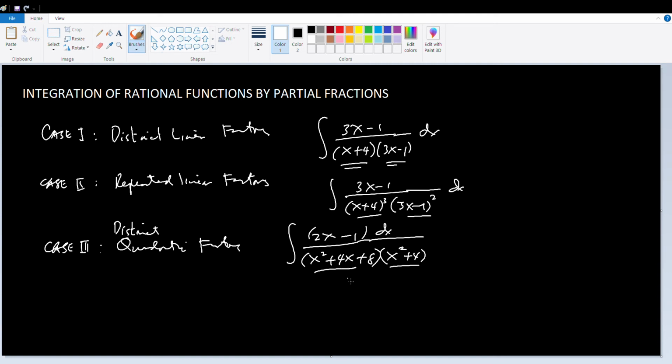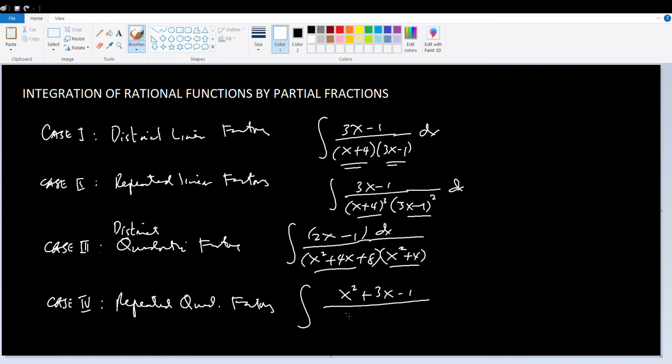So the quadratic factors are distinct. They are not repeated. And finally, case 4 is when you have repeated quadratic factors. Say x squared plus 3x minus 1 over (x squared plus 1) cubed and (x squared plus 4) squared. So these are the 4 cases that we will consider.